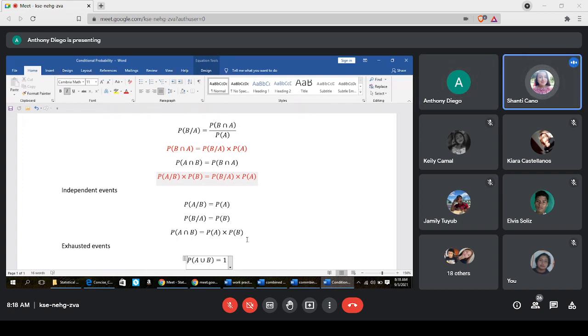Why do we use multiplication in the independent events, and in the first ones that we were doing, we use addition instead? No, because that was different. When we were looking at mutually exclusive events, which I didn't place here, mutually exclusive events deal with A or B, which is the union.